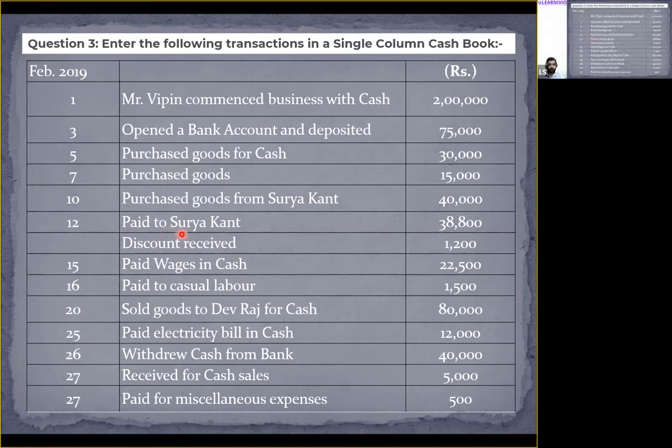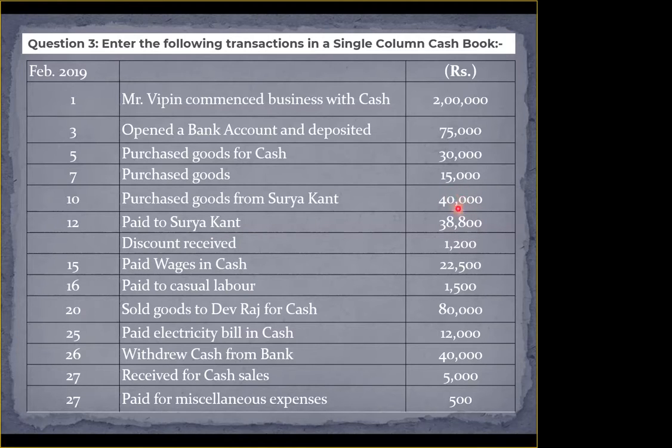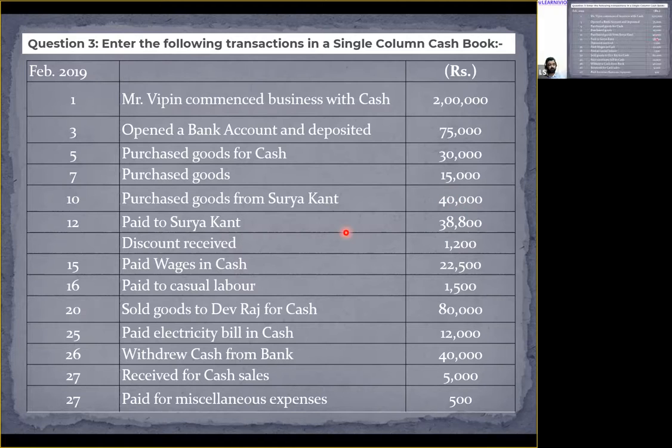On the 12th, paid to Suryakant. See what is happening here. We are paying Suryakant 38,800. What is the total amount due against Suryakant? Total amount due is 40,000, but we are only paying him 38,800, and he is giving us a discount of 1,200.